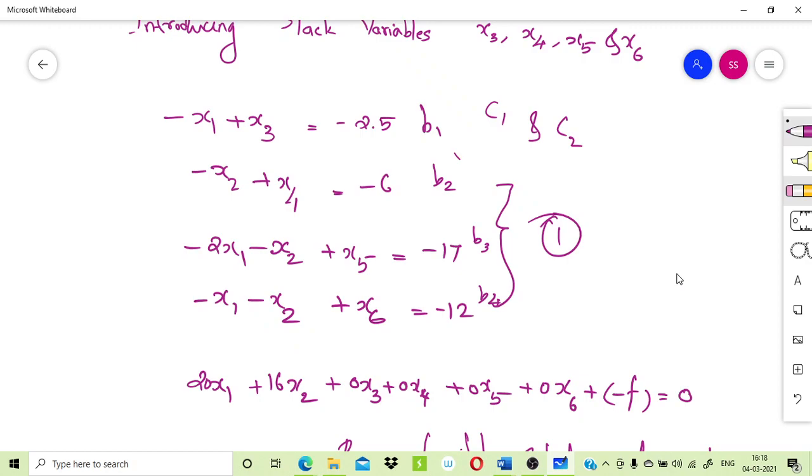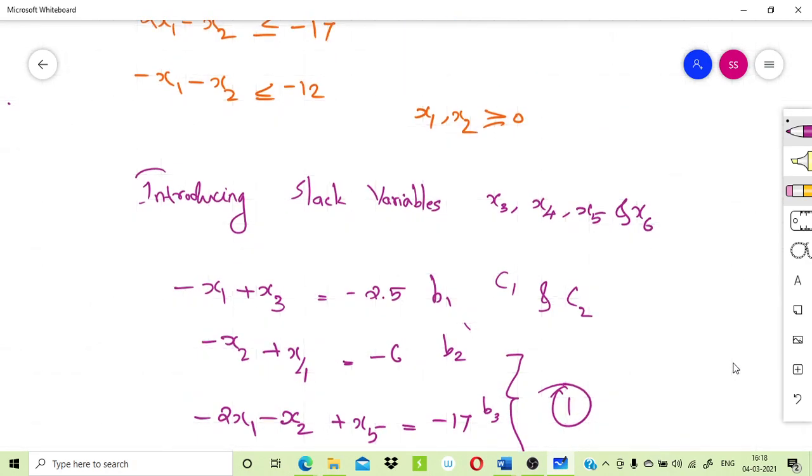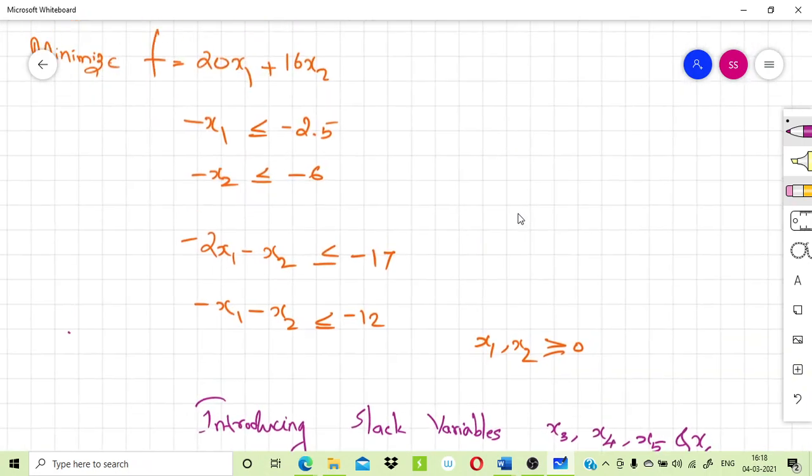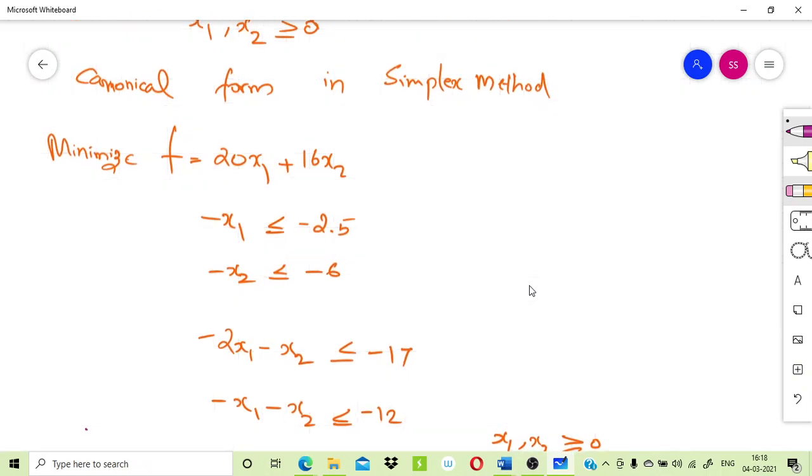So if you observe C1 and C2 here, this is C1, and this is C2.